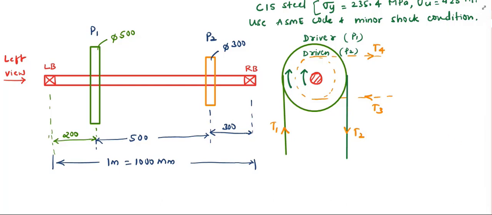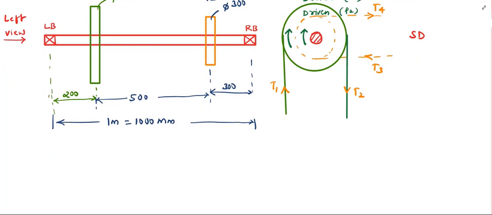So this is the space diagram, denoted as SD. Right below the space diagram, we will use some space for drawing the VLD and HLD diagrams. So let me leave some space.